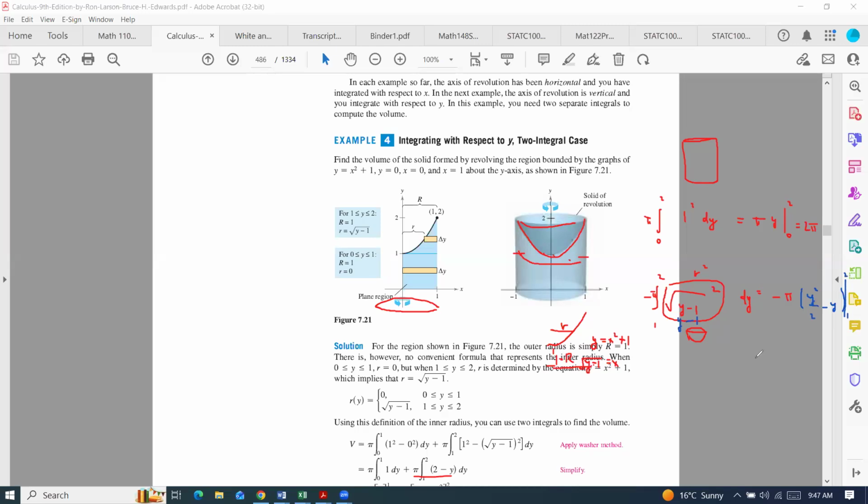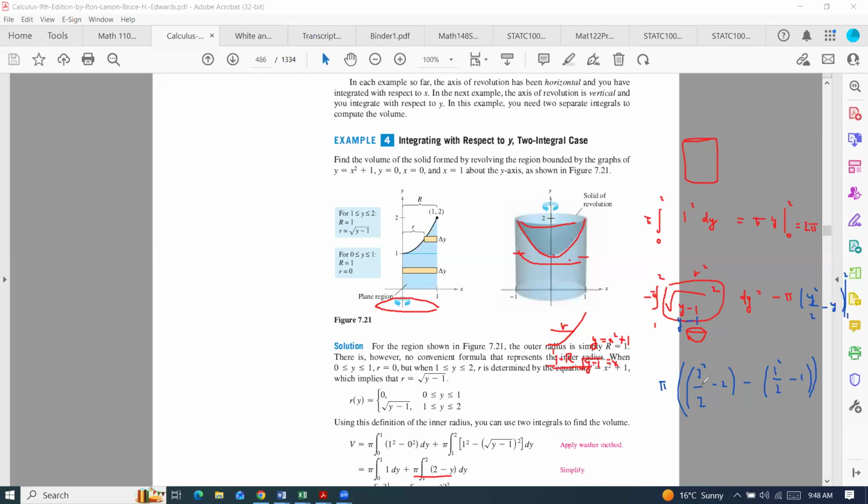So if I put 2 squared over 2, subtract 2, that's the upper limit. I'll use pi later. And minus, that's 1 squared over 2, subtract 1. And then pi is on the outside. Okay, so what do we have now in here?